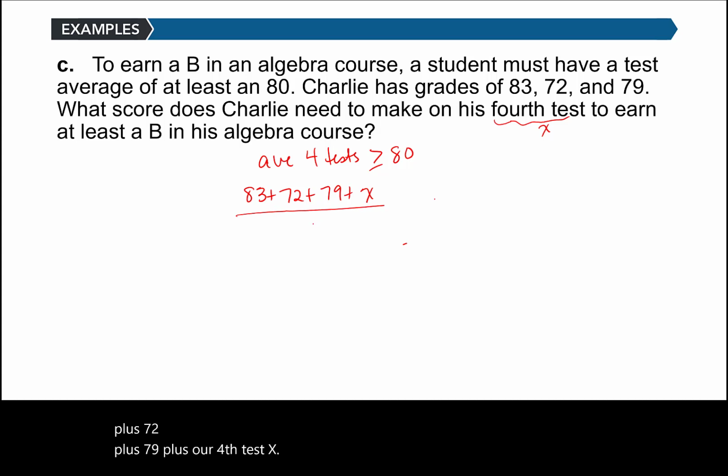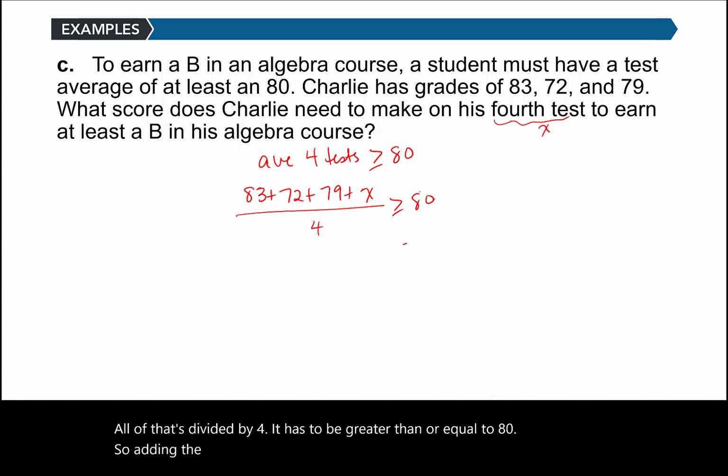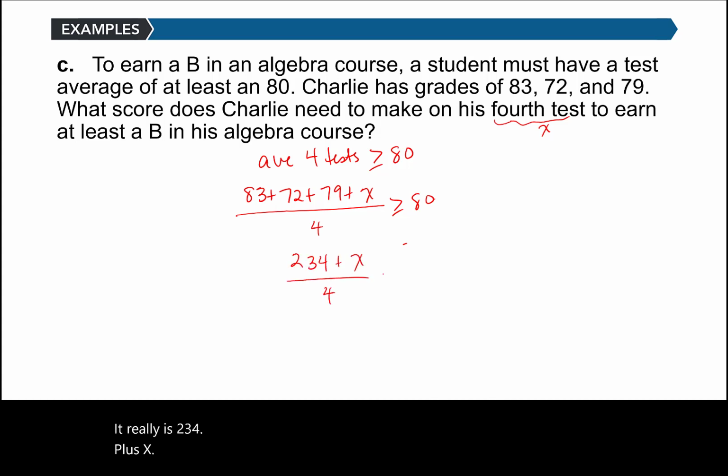All of that is divided by 4 and has to be greater than or equal to 80. So adding the numerator, it really is (234 + x)/4 ≥ 80.